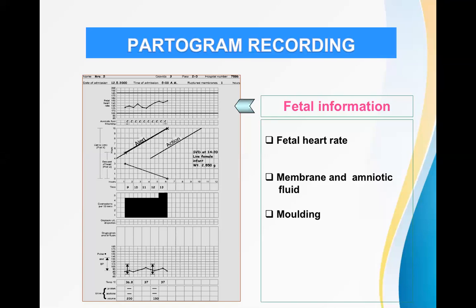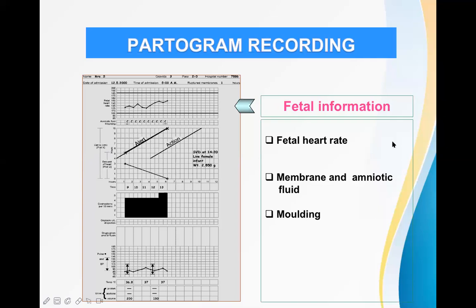Another is cardiotocography, which is a more advanced thing that may be available. And if nothing is there, you can use your own stethoscope, because you are a doctor there and you have a stethoscope all the time. Sometimes that stethoscope is also used to hear the fetal heart rate, but the fetoscope is the most commonly used.